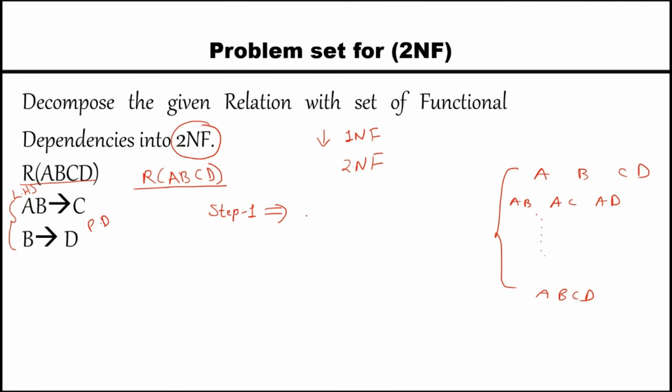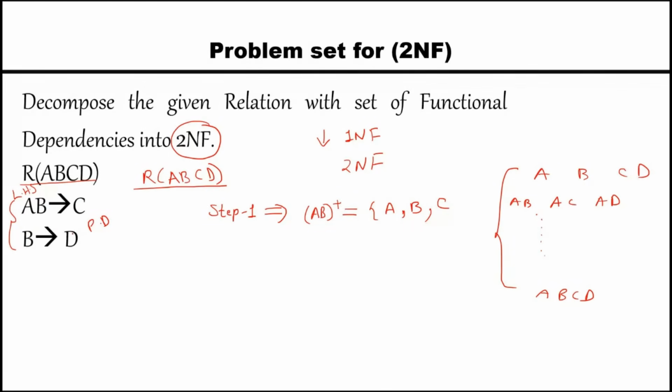If you take the first functional dependency, it is saying AB. Now if you compute the closure set AB plus, it gives A and B, and with this AB, I can use this functional dependency and write C also.